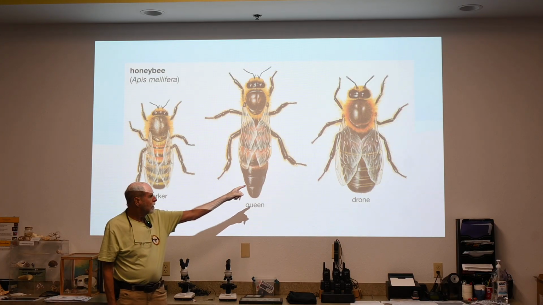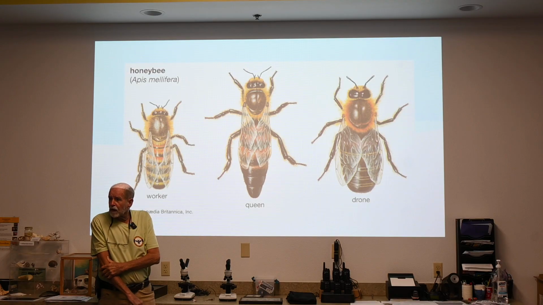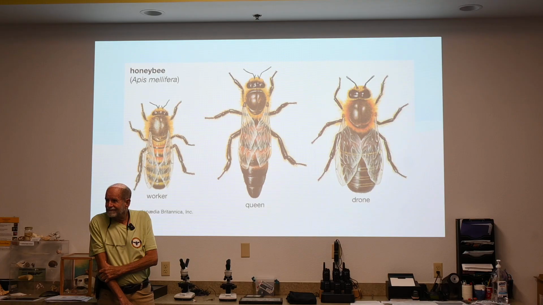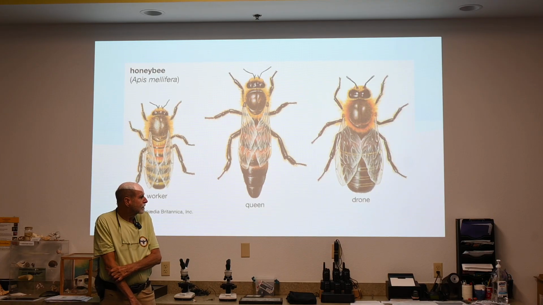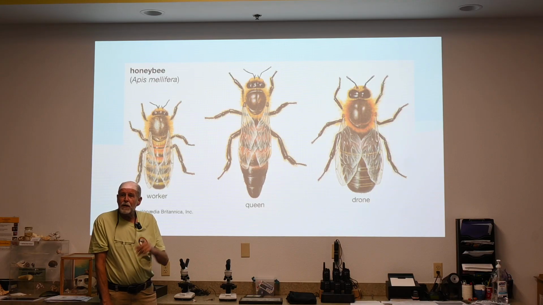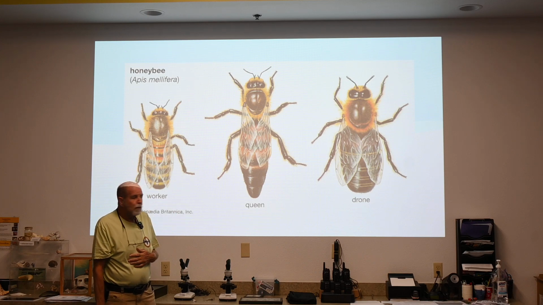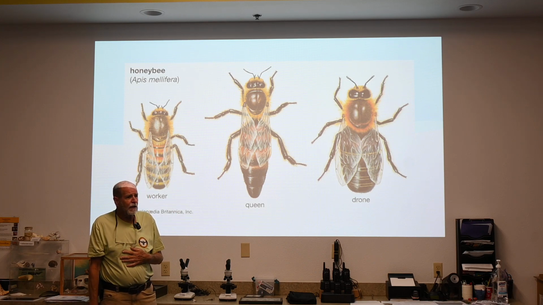The drone is the male bee. He is the 2nd largest bee. He cannot sting. He cannot produce honey. He can't feed himself, but he can help mate. The drones make up about 10% of the colony.